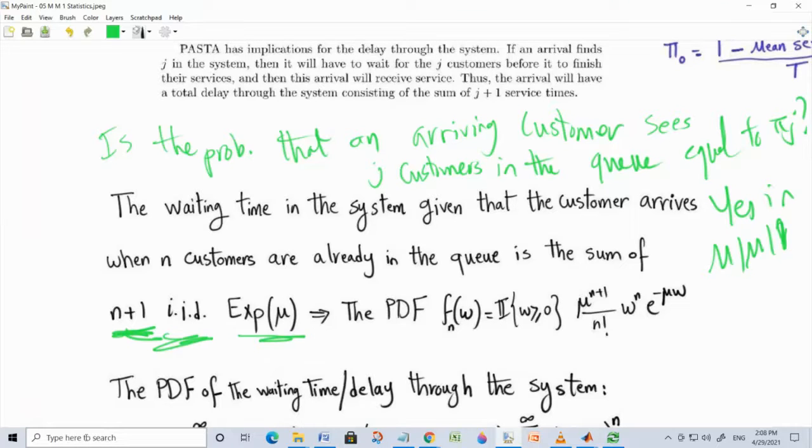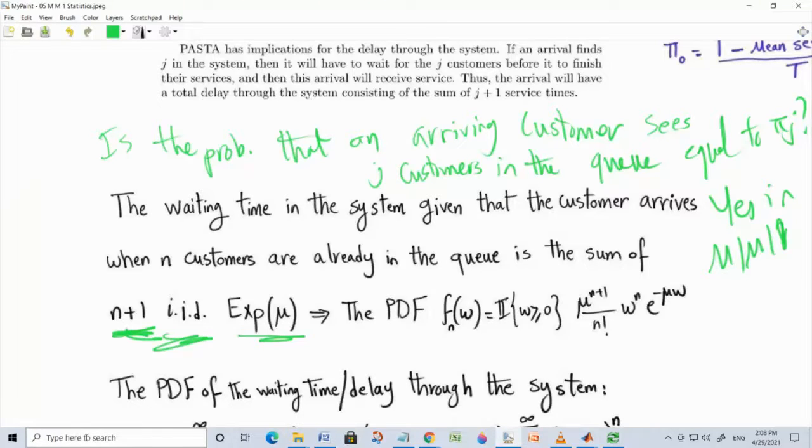Because every service time is exponential mu. We will assume that the service times are independent from one customer to another. You may debate that assumption and think of examples in which the server serving some customer will, according to how things go, impact what the server is doing with the next customers.